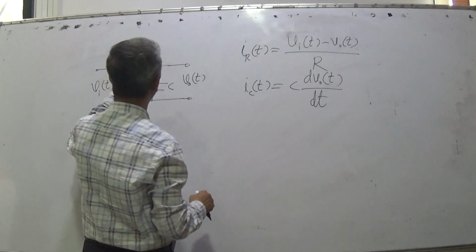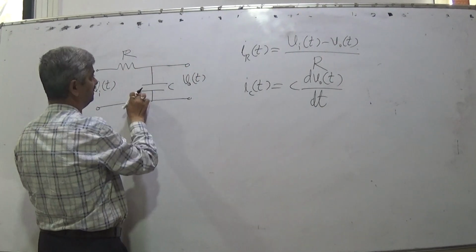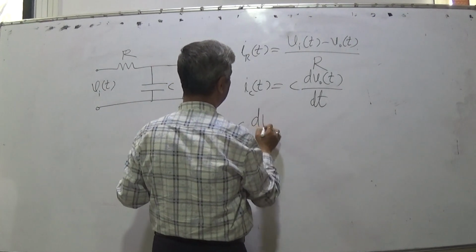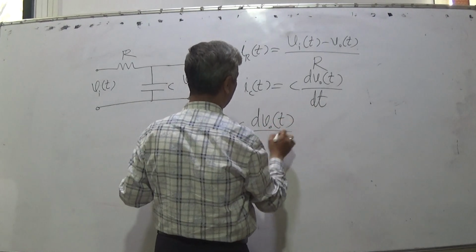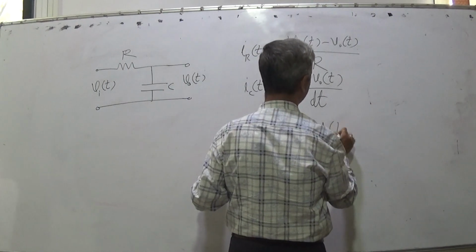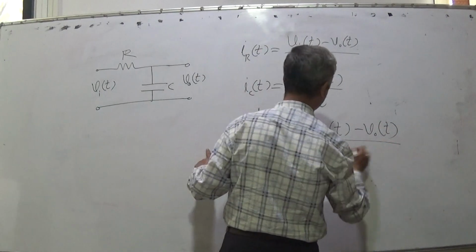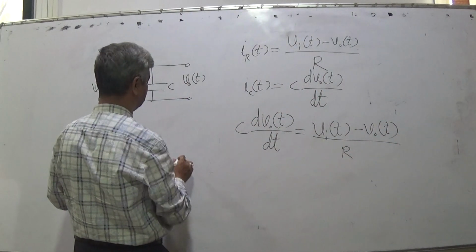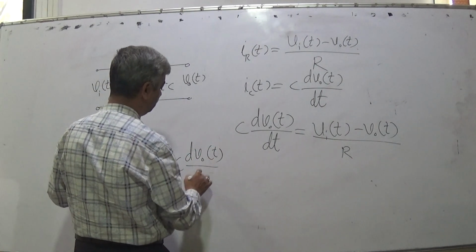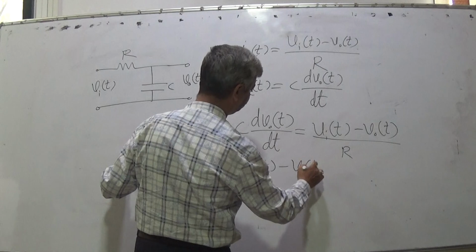Since we have not connected anything here right now, this current is the same as this current. So I_R equals I_C. So we get C dV_out(t) upon dt is equal to V in(t) minus V out(t), all upon R. Multiplying by R on the left hand side, we get RC dV_out(t) upon dt is equal to V in(t) minus V out(t).